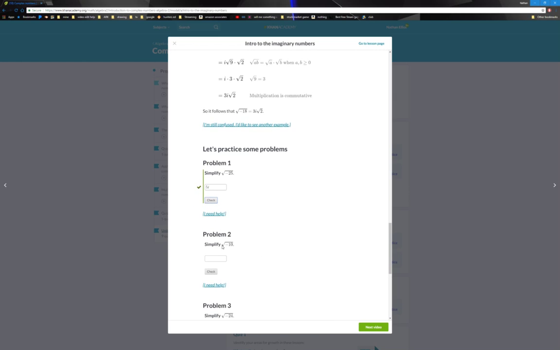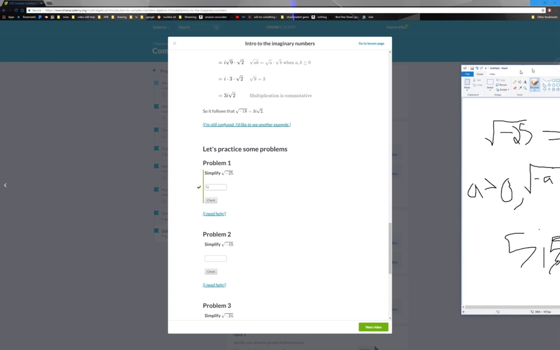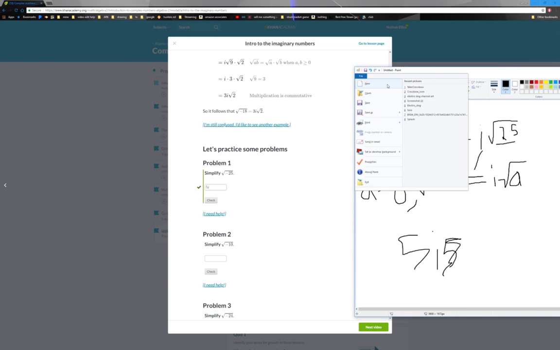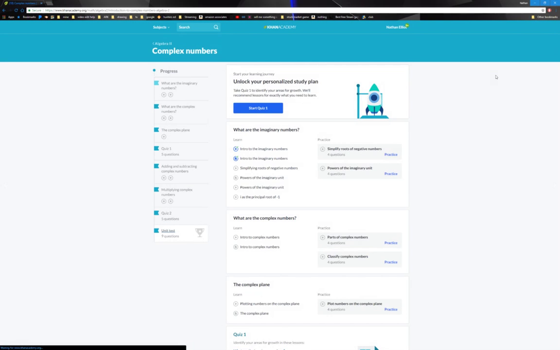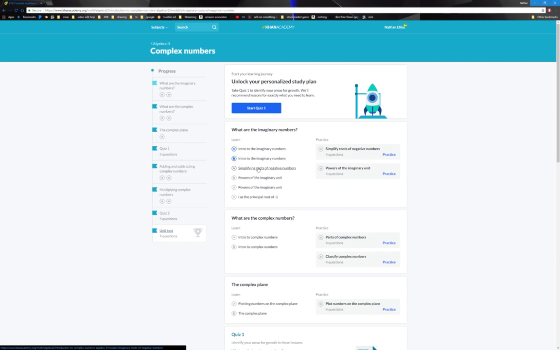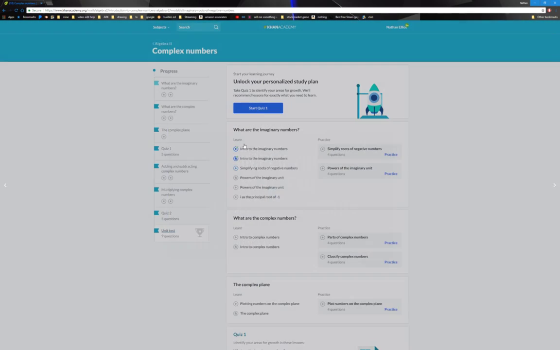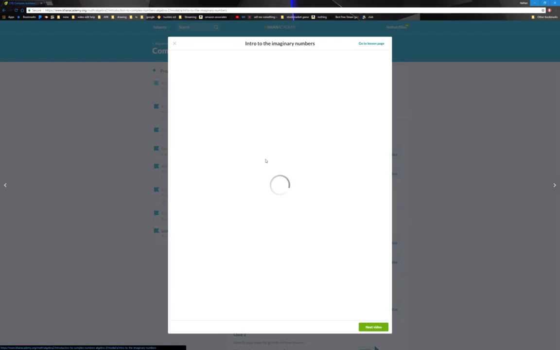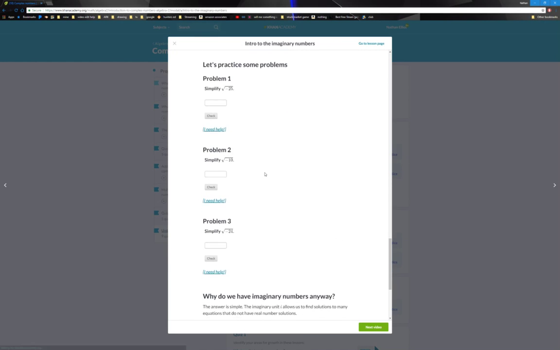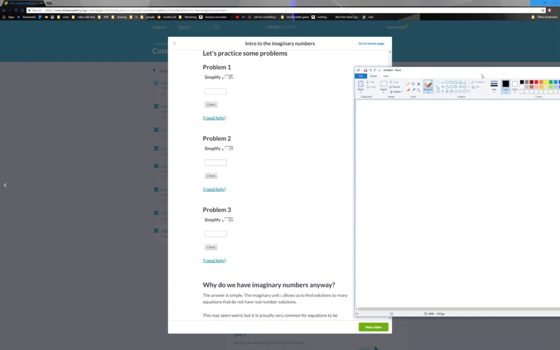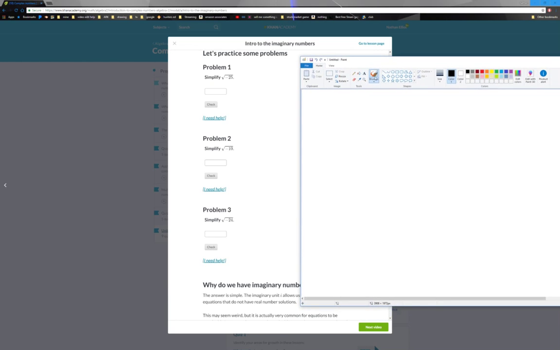Now simplify the square root of negative 10. Well, 10 is greater than 0, so the square root of negative 10 equals i times the square root of 10.